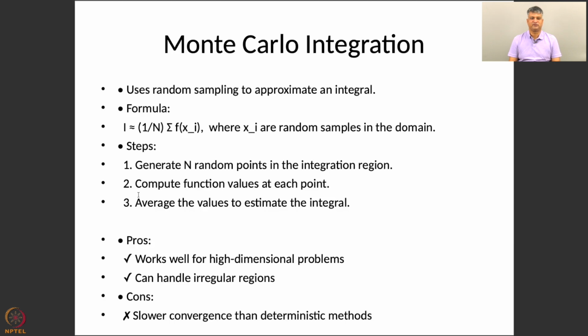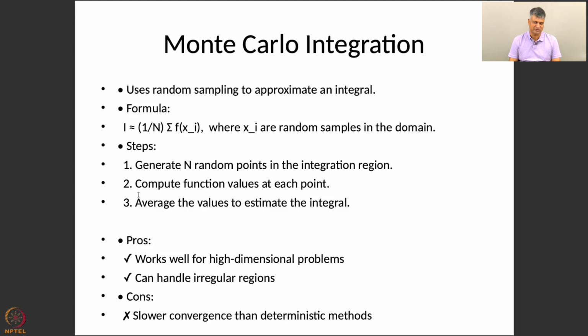Now, the advantage of this is that it works very well for high dimensional problems. It can handle irregular regions. The disadvantage is that it has slower convergence than deterministic methods, in the sense that it being random sampling, you are going to get different answers. So you'll have to set what tolerance is acceptable to you, how much variation is acceptable in the least significant digits.